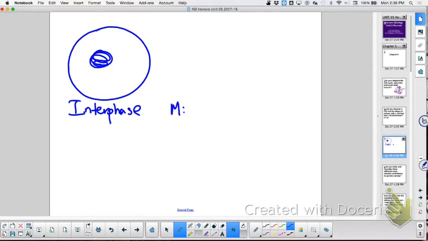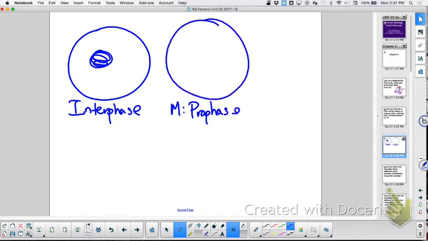What's the first stage of mitosis? Prophase. How could we draw? What happens during prophase? Chromosomes become visible, right? Here, let me get some other color. What else happens? Nuclear envelope starts to what? Disappear. Asters form.